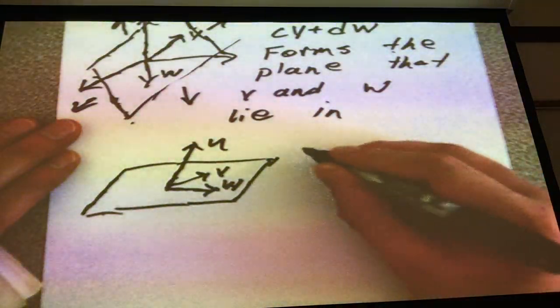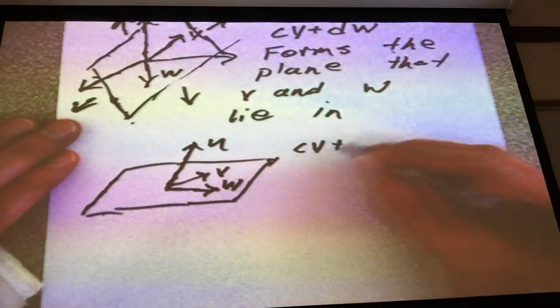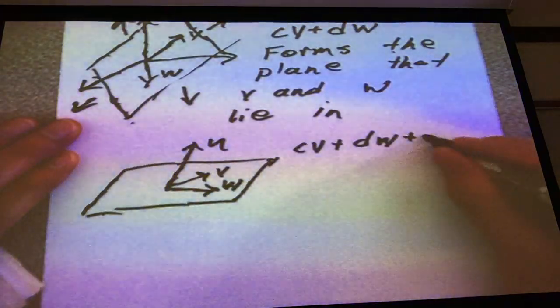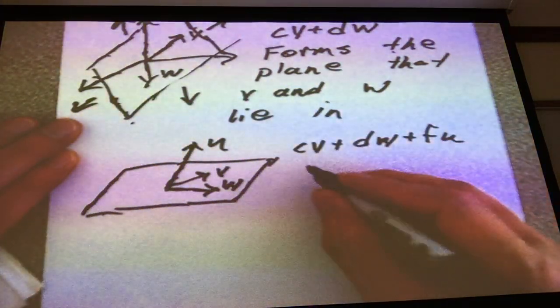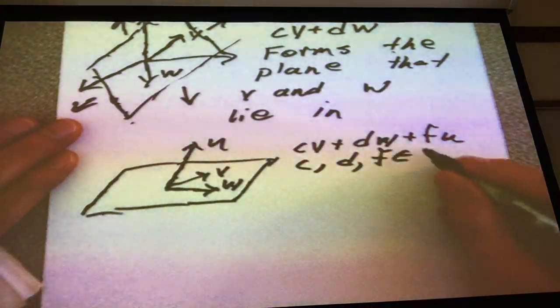So CV plus DW plus, let's say, FU, where C, comma, D, comma, F are in the reals.